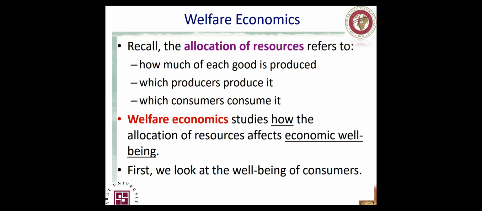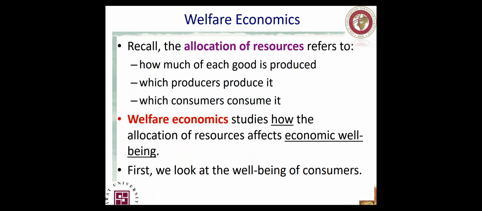Why? Because it will determine what we call welfare economics. Welfare economics is exactly the study of how resources are being allocated, not in just any manner, but in a manner that affects the whole economy's well-being.